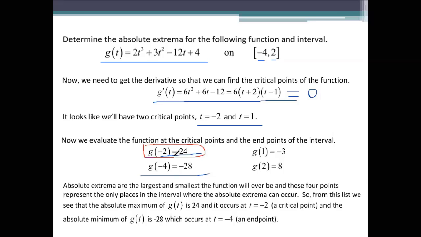This is the absolute maximum, 24, and this one, -28, which occurs at t equals -4, is the absolute minimum. So we need to define the largest and the smallest value from our list.